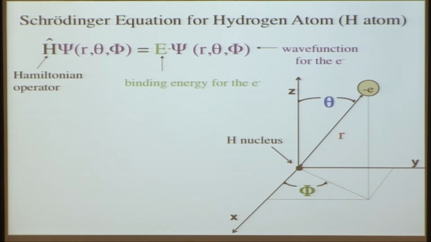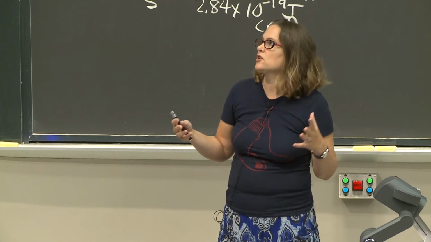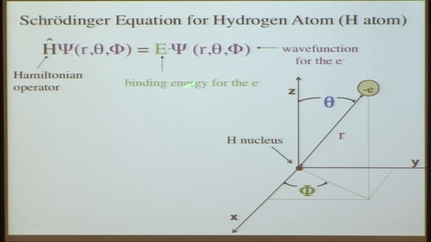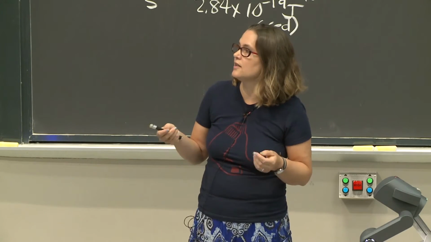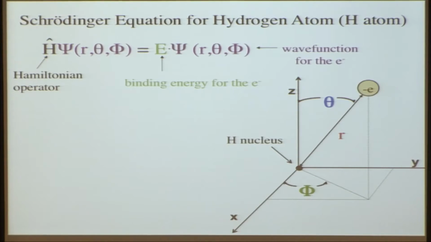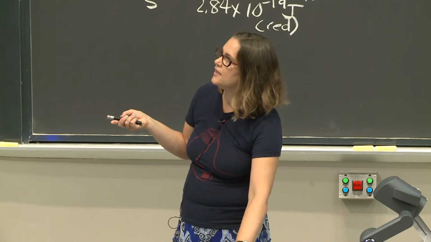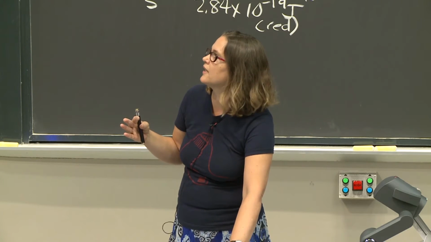So we need to think about this as an equation of motion in a 3-dimensional space. And the equation is going to change. The math will change depending on where the electron is located, which you won't know exactly. So this is a very hard problem. But it's not totally without anything to do with classical mechanics.